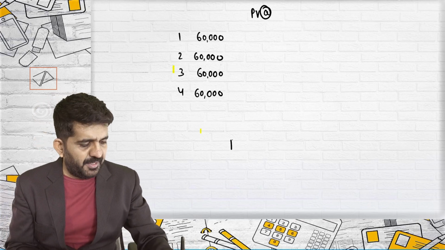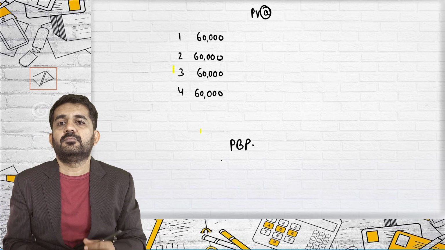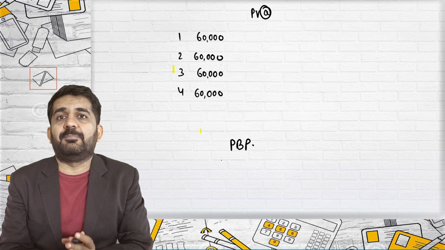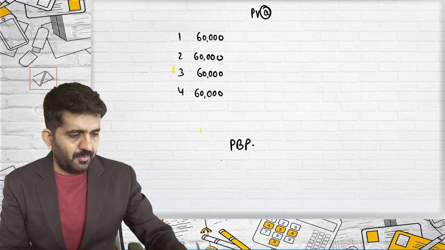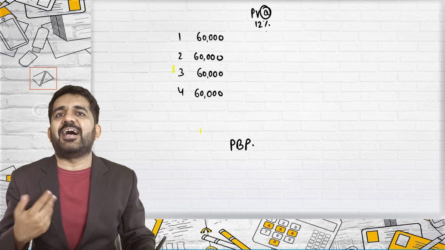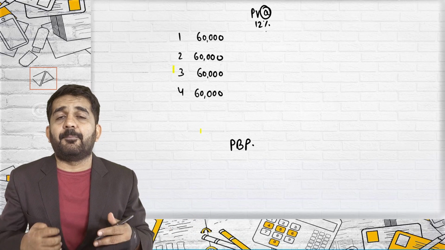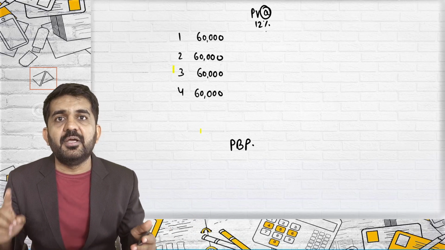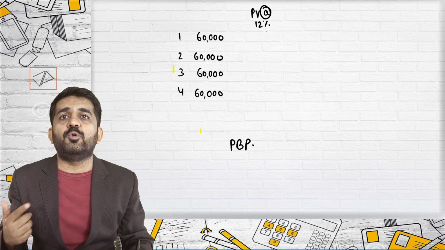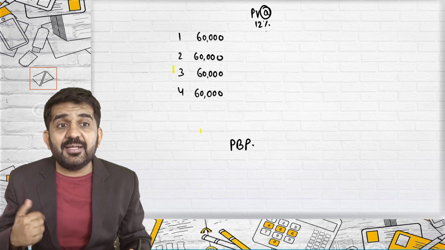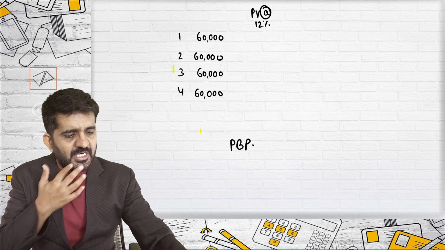I want to find out payback period. 15% or 12%? 12%. 15% is IRR, not important. IRR is important just as an answer. The project is earning 15%. NPV and PI are calculated at discount rate of required rate of return, which is 12%.